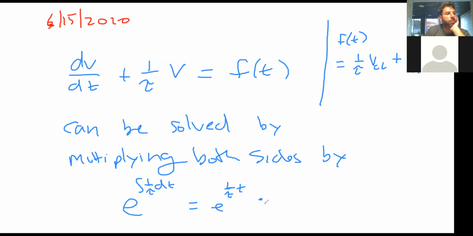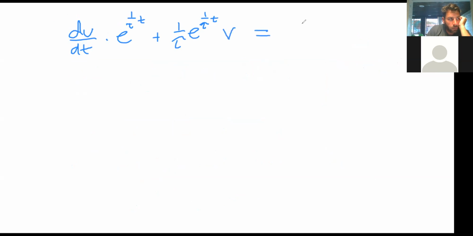If I multiply both sides by that, what you end up getting is dv/dt times e to the 1 over tau t, plus 1 over tau e to the 1 over tau t times v, and that's equal to e to the 1 over tau t times f.